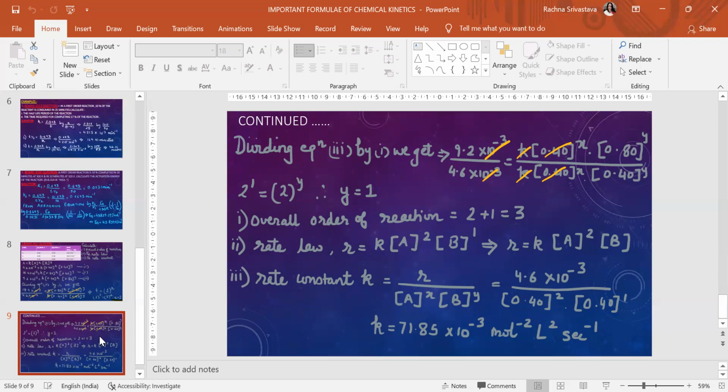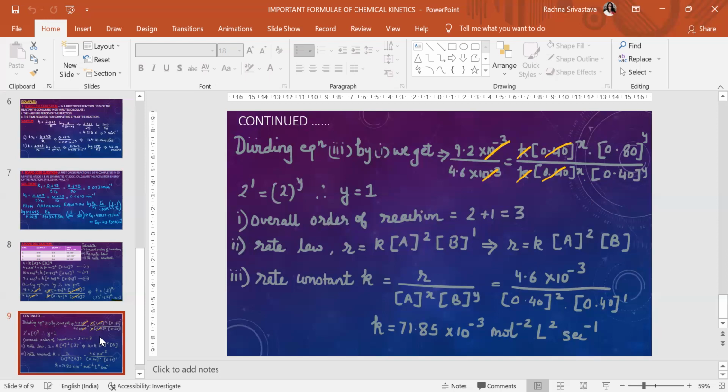So the first part of your question is solved. Overall order of reaction will be x plus y, which will be 2 plus 1 is equal to 3. Second is rate law. In rate law, you have to simply use the first equation, R is equal to K into concentration of A raised to the power X, where X is 2, so you will write 2.